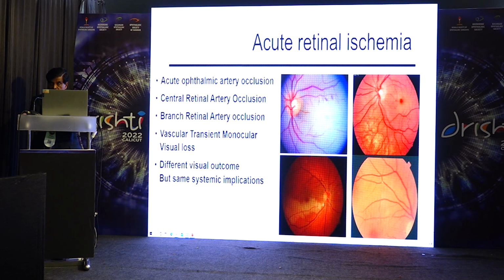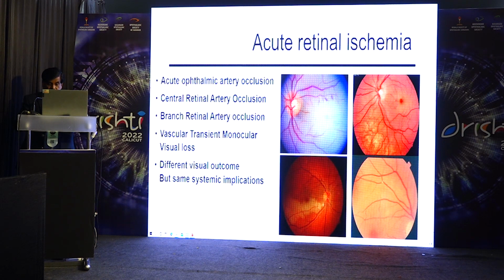That's an important point. So let us see what are the acute retinal ischemia conditions that we come across in our daily practice. Of course, the acute ophthalmic artery occlusion. This is ophthalmic artery occlusion, this is central retinal artery occlusion, and here you have the branch vein occlusion. And there are some cases wherein you get the transient monocular obscuration of vision.